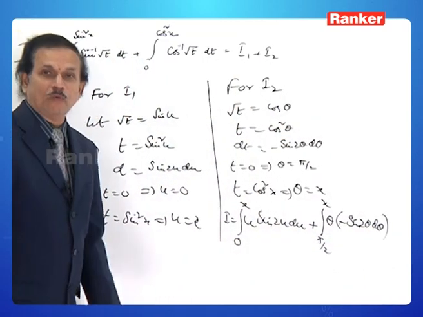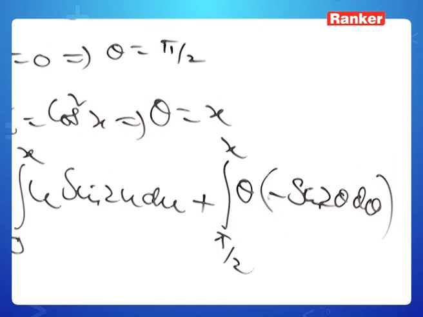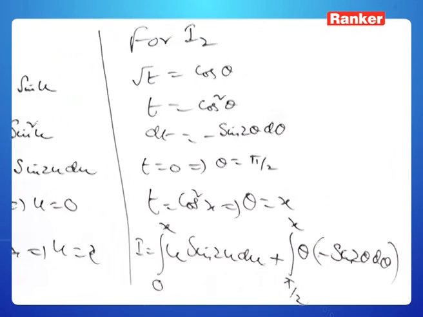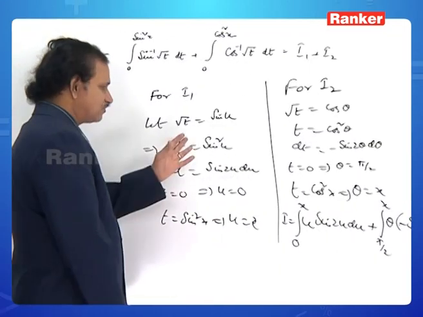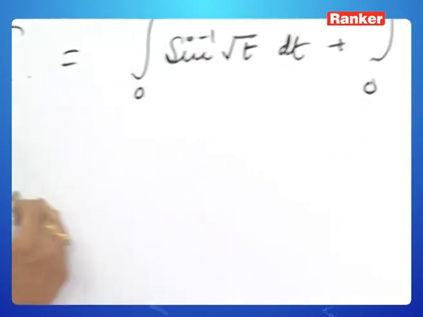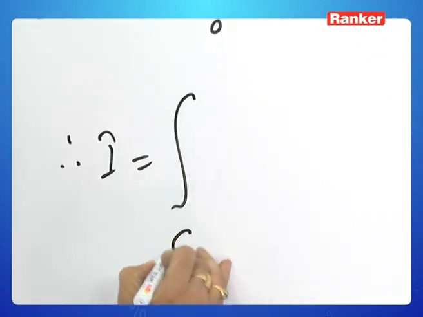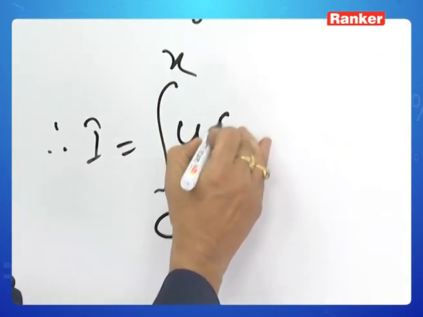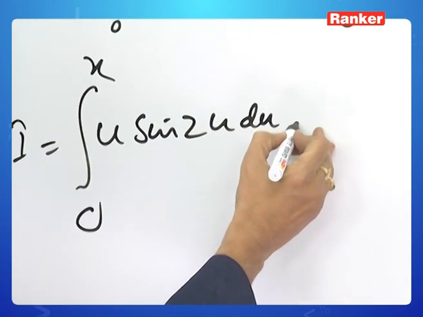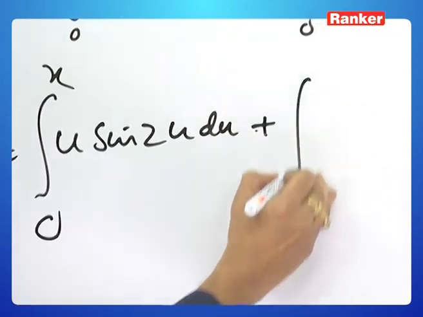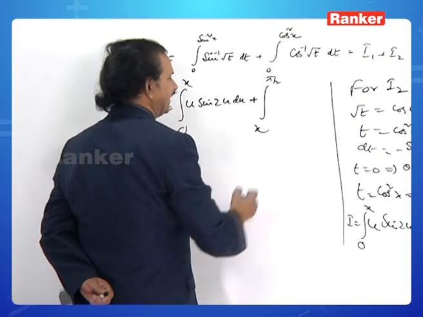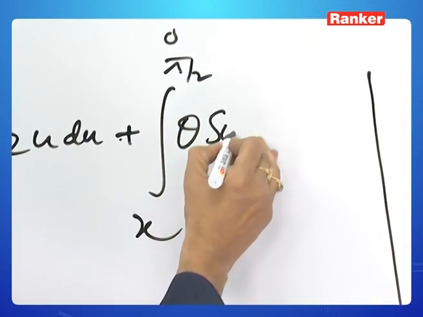Well, we could have estimated this. Now, this is the time for us to simplify it. Well, I like to remove these steps so as to save some space. Follow it carefully. Therefore, I is equal to integral 0 to x u sin 2u du plus integral x to pi by 2 theta sin 2 theta d theta.